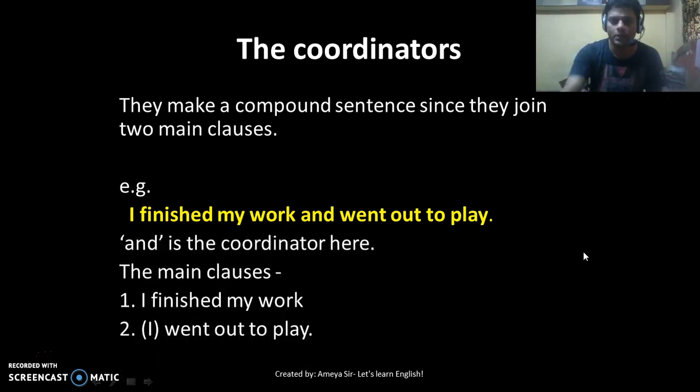The two main clauses are I finished my work and I went out to play. They're almost two different sentences. I finished my work, I went out to play. You use the coordinator and there's your line: I finished my work and went out to play.